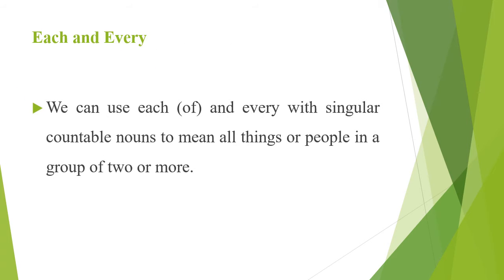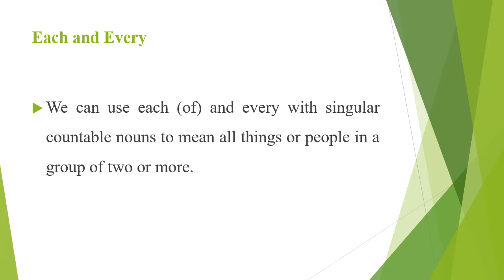Let us move to another quantifier, that is each and every. We can use each or each of and every with singular countable nouns to mean all things or people in a group of two or more.